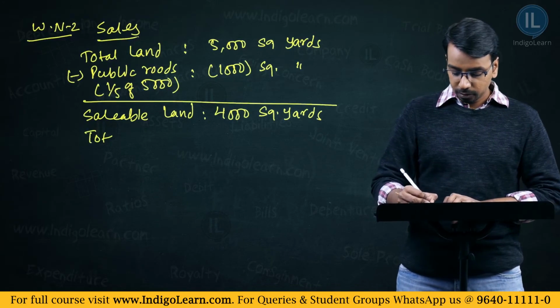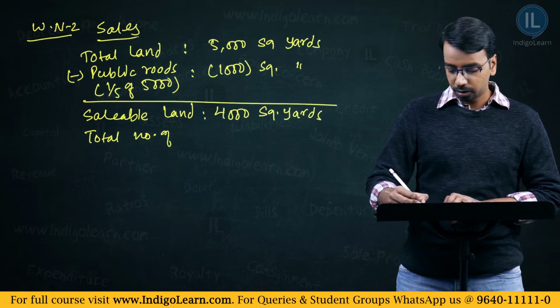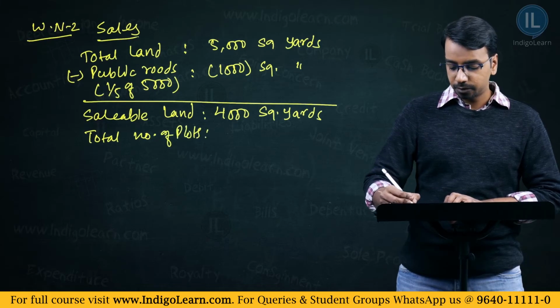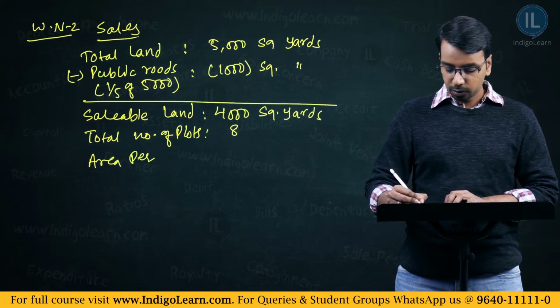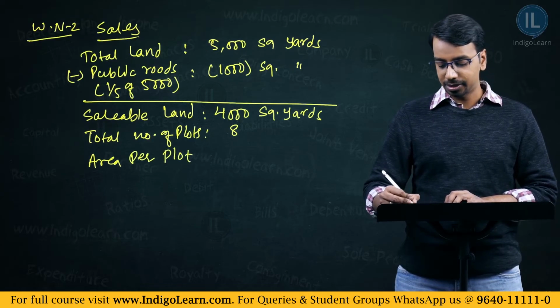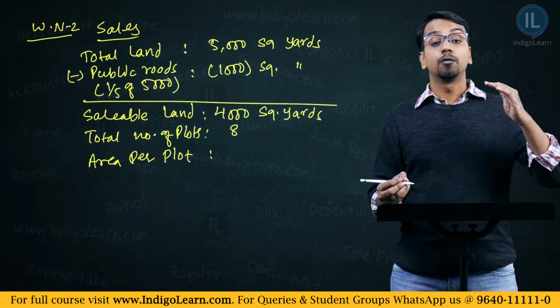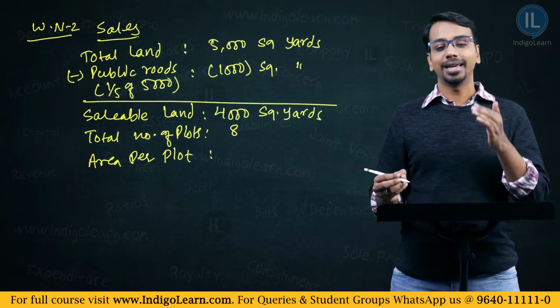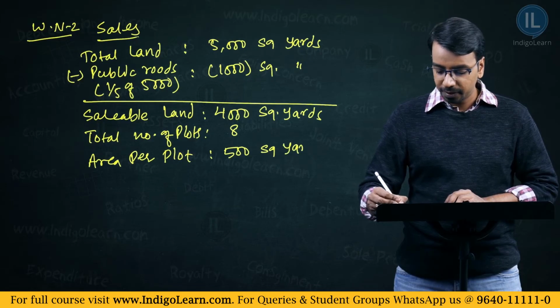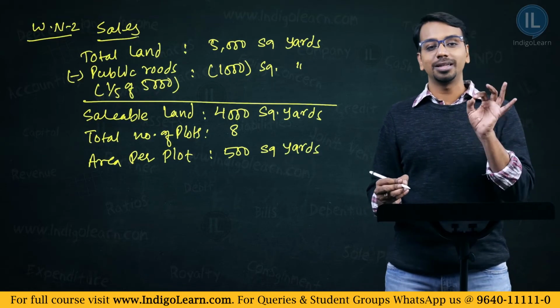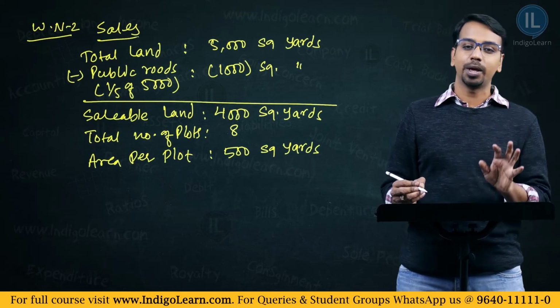So total number of plots is 8. Area per plot, that is how much will be the area per plot? 4,000 divided by 8, which is 500 square yards. So each plot is of the area 500 square yards.